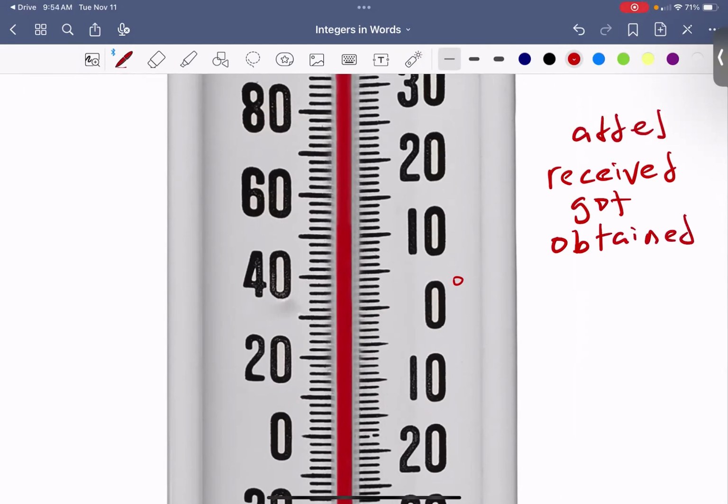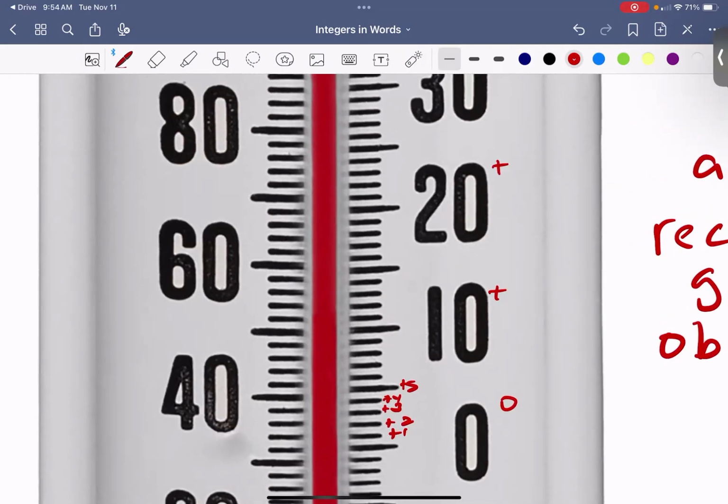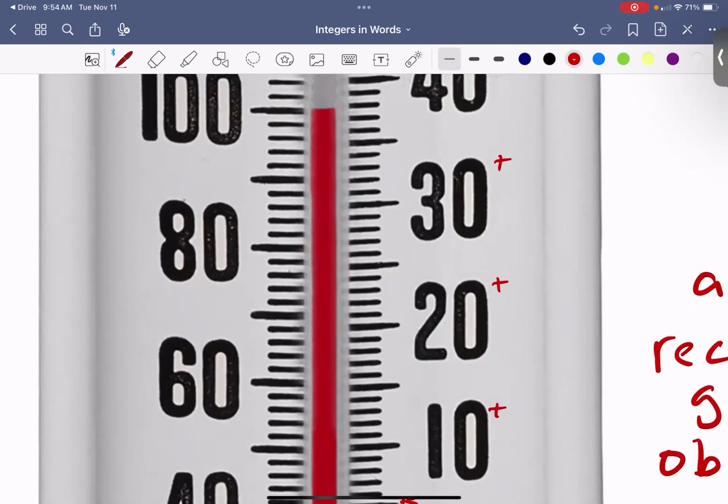Whenever there's more of something being received, received is going to be a positive number. So if we start here at 0, this is positive 1, positive 2, positive 3, positive 4, positive 5. Oh, this is positive 10, positive 20, positive 30, etc.